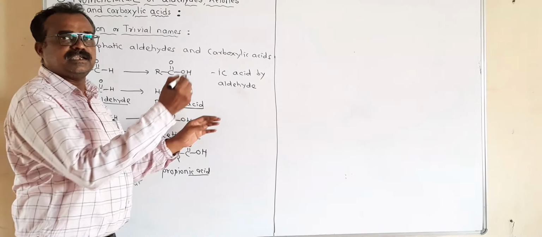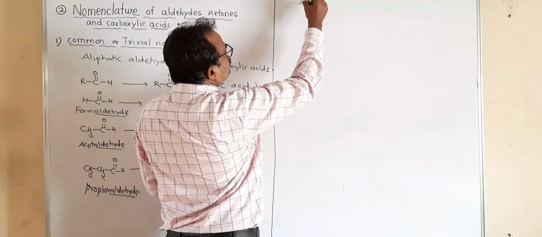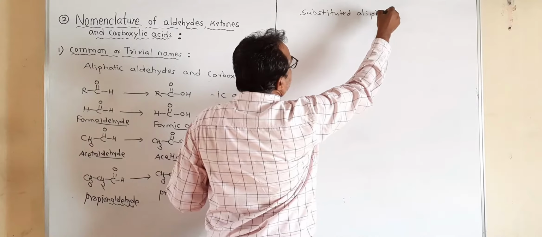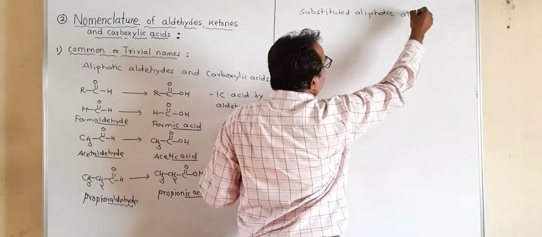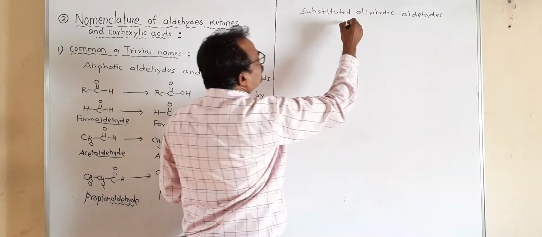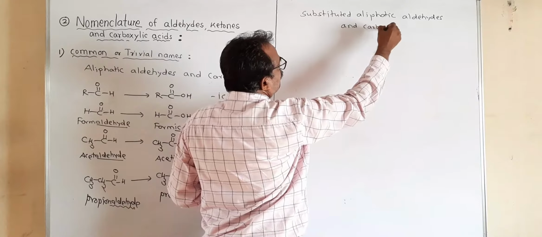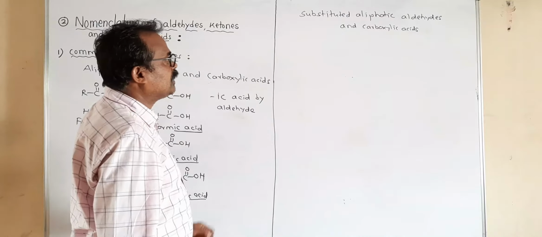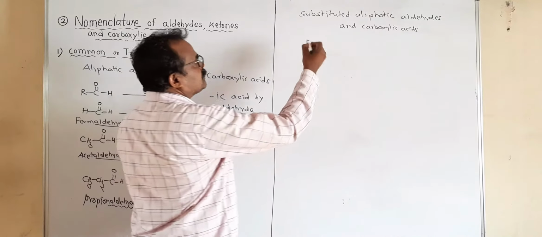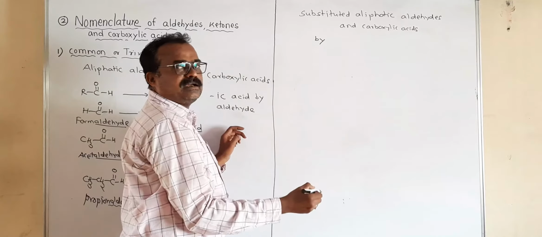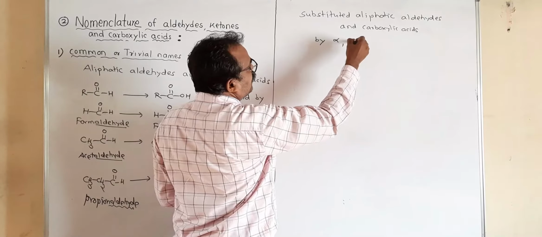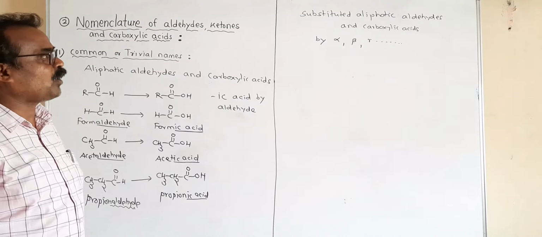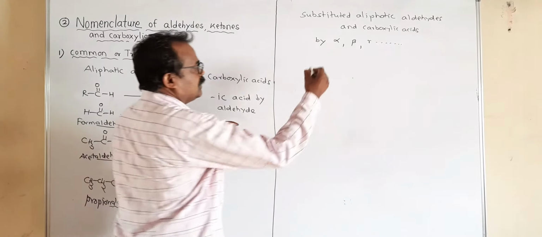Next, in case of substituted aliphatic aldehydes and carboxylic acids, the substituent is labeled by alpha, beta, gamma and so on in a serial, starting from the carbonyl carbon.